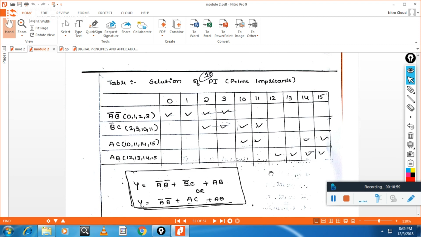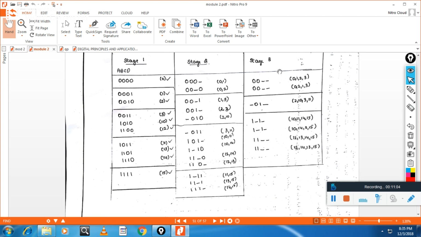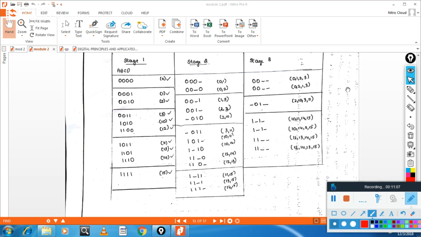So you can see here what we get. As I said, A bar, B bar, and the second term also A bar, B bar, and this is B bar, C, and this one is A, C, this is also A, C, this is A, B and A, B. Now you remove common terms.